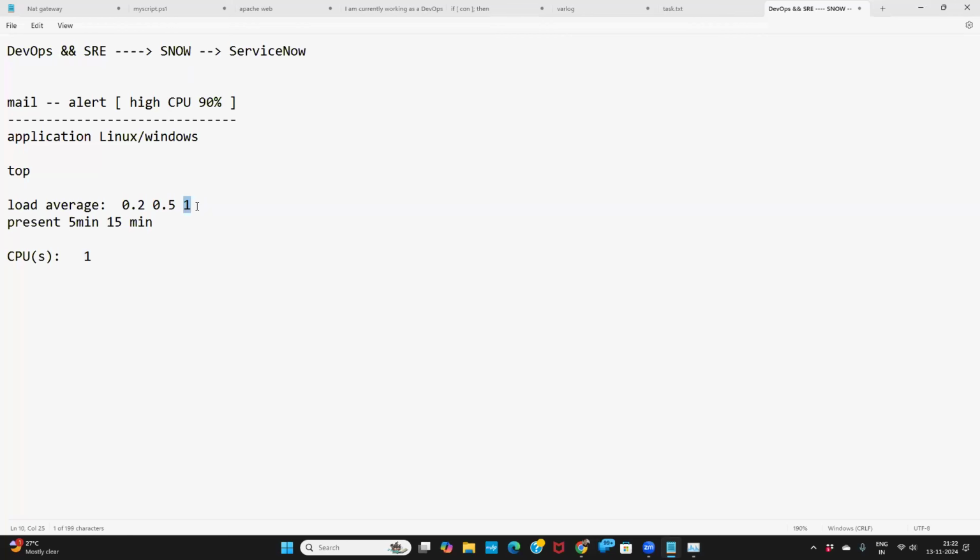Whereas 0.5 means it is 50% utilized. 0.2 means 20%.